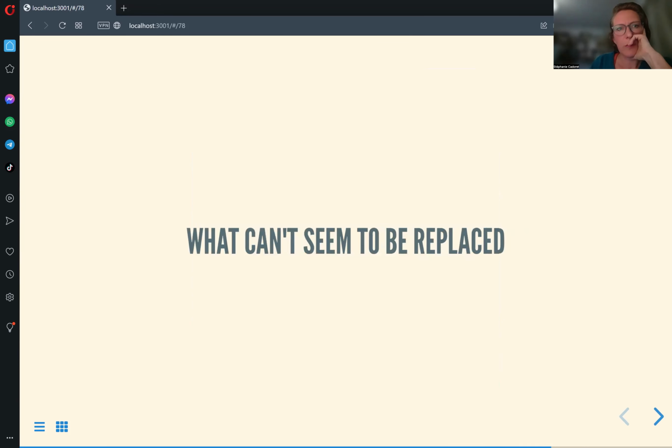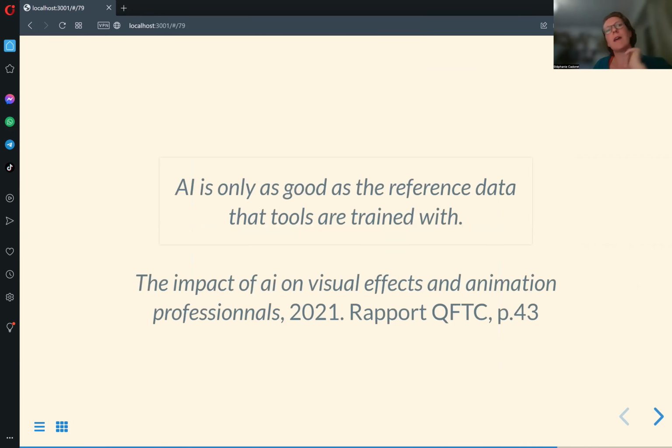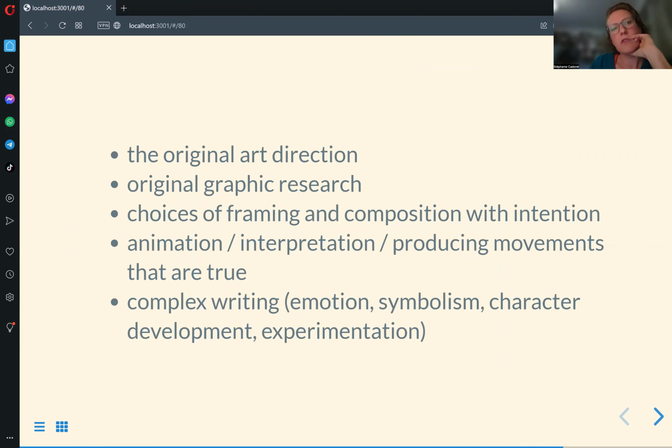So what can seem to be replaced? AI is only as good as the reference data that the tools are trained with. So that's the Quebec QFTC reports. Original art direction, original graphic research, choices of framing and composition with intention, animation interpretation, producing movements that seem true and not are true, complex writing, emotion, symbolism, character development, experimentation.